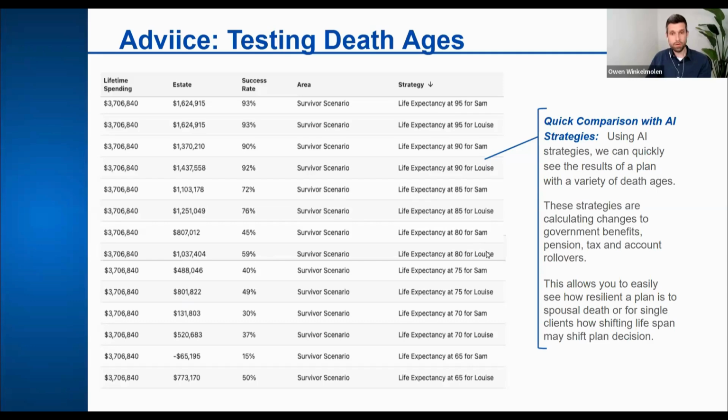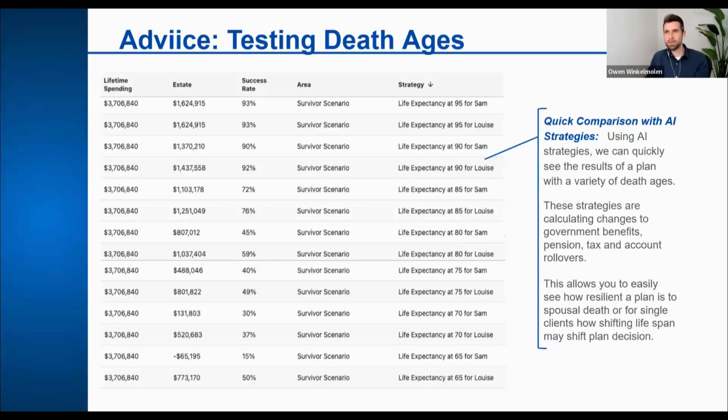So we can see here for Louise, it's a bit better. For Sam, it's a bit worse. It could be that there's a DB pension for Louise, which maybe Sam doesn't receive the full amount for. So this is a very quick and easy way in the AI strategy table to understand, if you're a couple, the impact of losing a spouse or a partner earlier than expected within the plan.